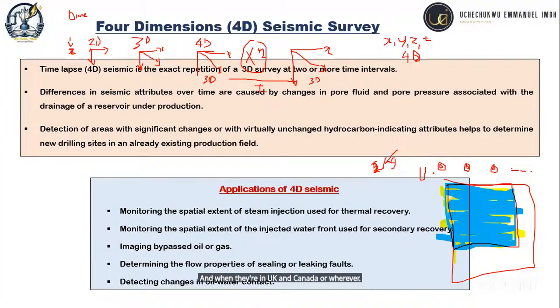That is a typical time-lapse picture comparison. They are comparing their picture when they were in Nigeria to their picture when they're in the UK or America or anywhere. Or you are comparing your picture when you are in 100 level to when you are in 400 or 500 level in the university, to see how you have developed as an individual, how you have grown, how you have changed in terms of physique, in terms of appearance.